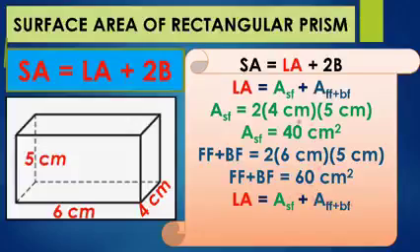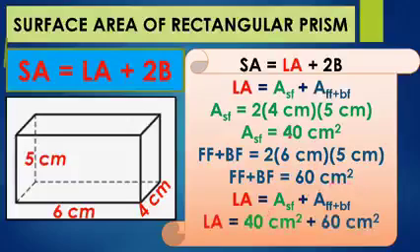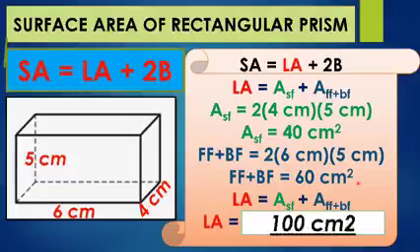So, nakuha na natin yung side face and also the front and back face. Substitute lang natin. So, we have 40 square centimeters plus 60 square centimeters. It will give us a sum of 100 square centimeters. Therefore, the lateral area of this rectangular prism is equal to 100 square centimeters.